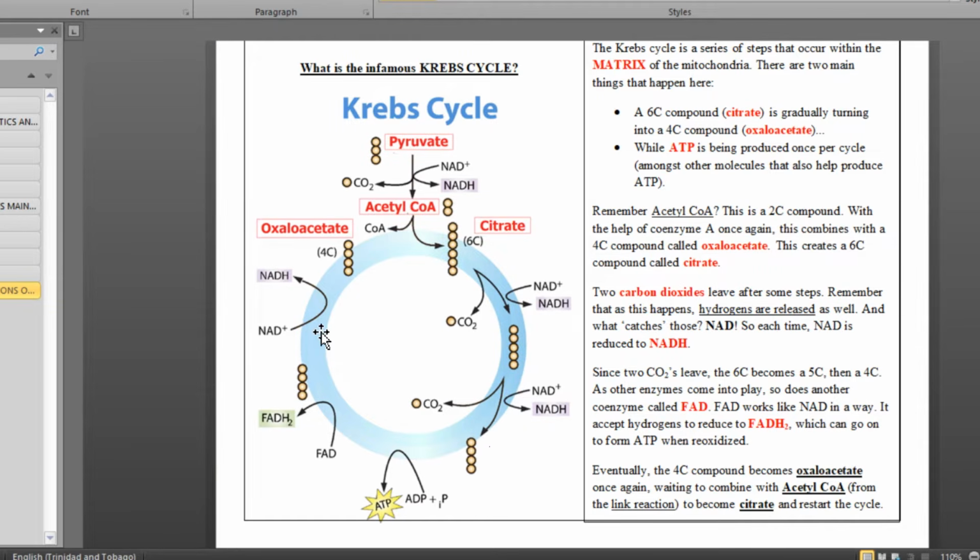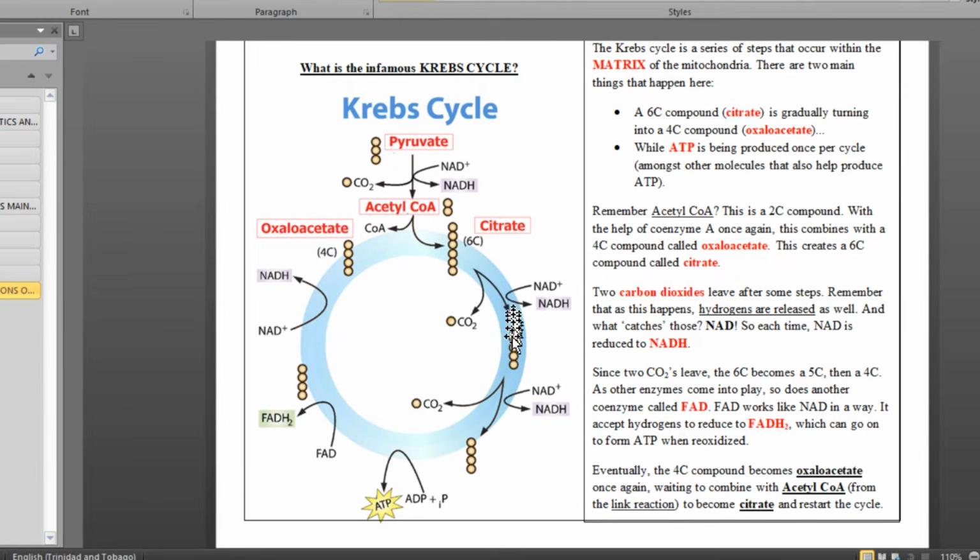But what's notable here is that if we start with a 6 carbon compound called citrate, we see that carbon dioxide is being released at 2 points. This 6 carbon compound turns into a 5 carbon compound, and this 5 carbon compound also releases carbon dioxide, turning into a 4 carbon compound.